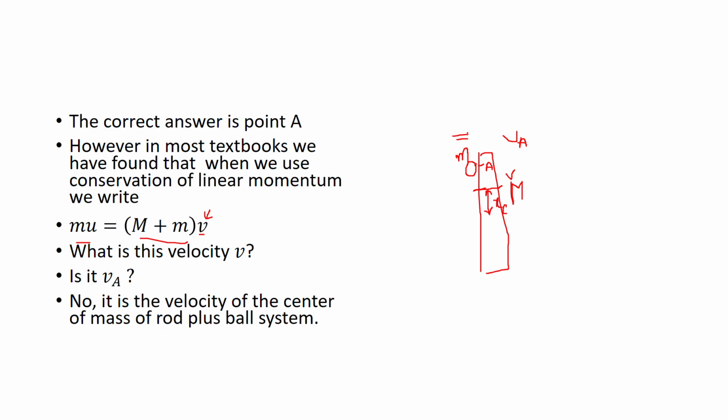So the linear momentum of the system before collision is mu plus 0, that is mu, and after collision, since it is sticking to the rod, we write capital M plus small m into v. This v is the velocity of the center of mass of the system, which is at a distance xc from the center of the rod.